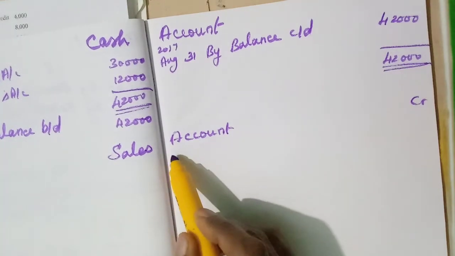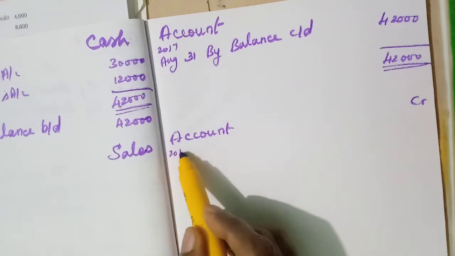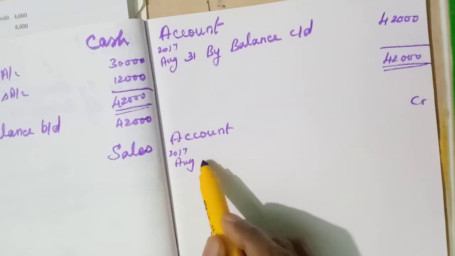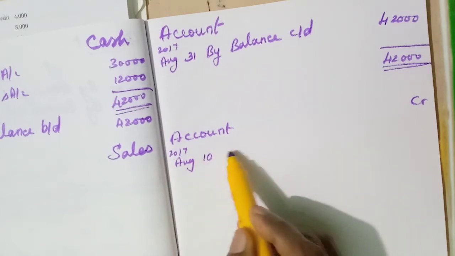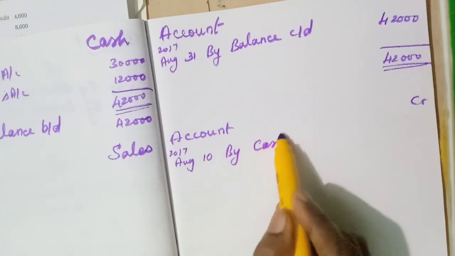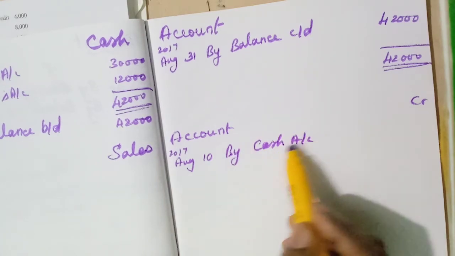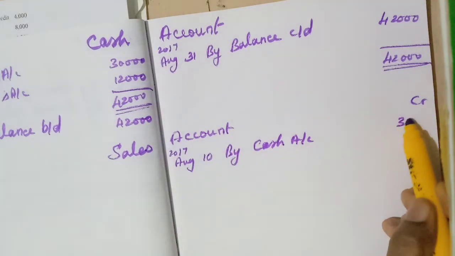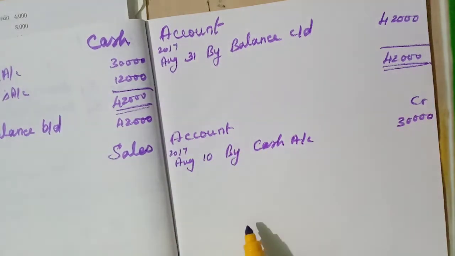So on the credit side we write the date first, 2017 August 10. Sales account is credited by cash account. With the help of the entry only we have to post in the ledger. 30,000.